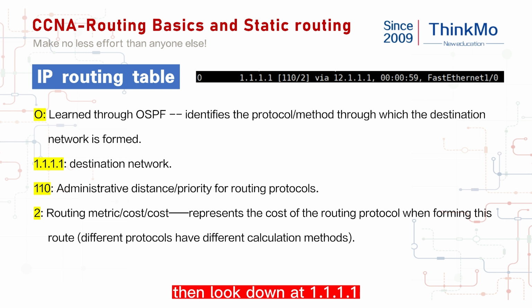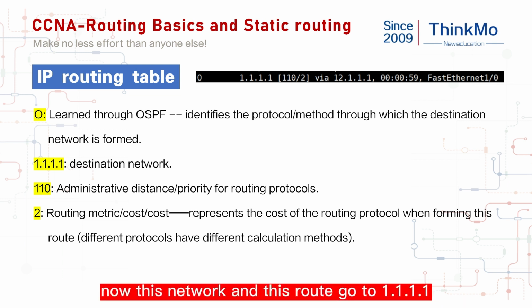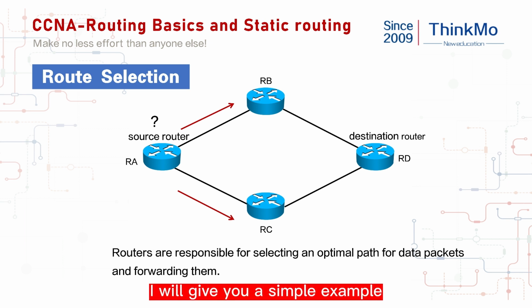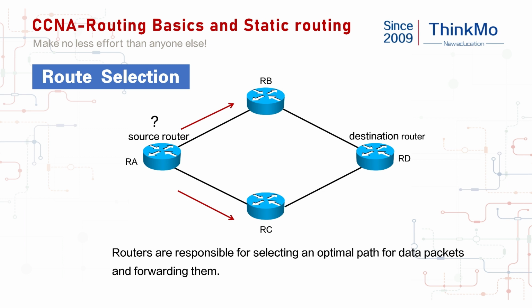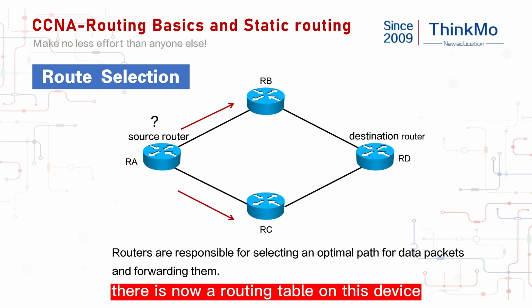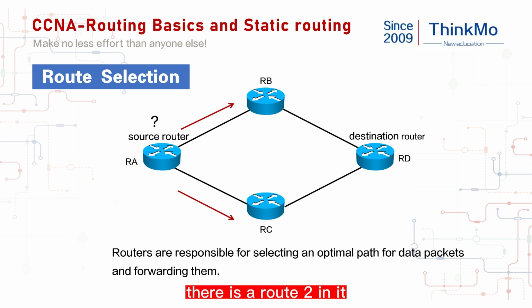Then look down at 1.1.1.1. This is the destination network. Now this route goes to 1.1.1.1. I will give you a simple example. For example, there is now a routing table on this device. There is a route in it, 1.1.1.1.